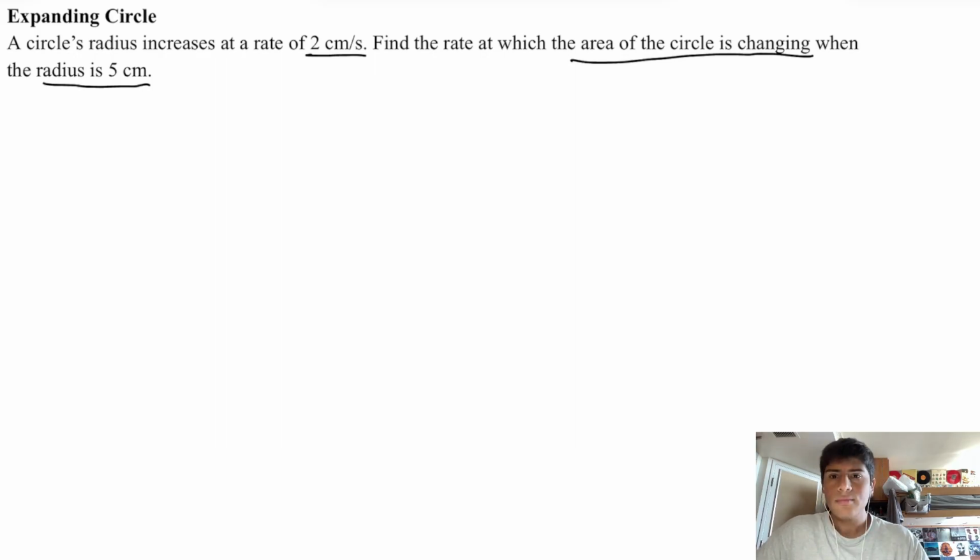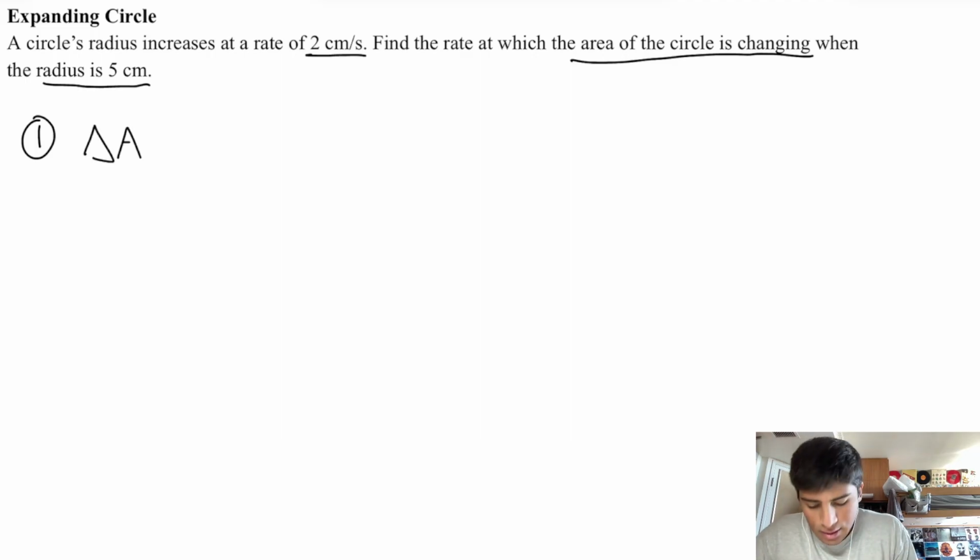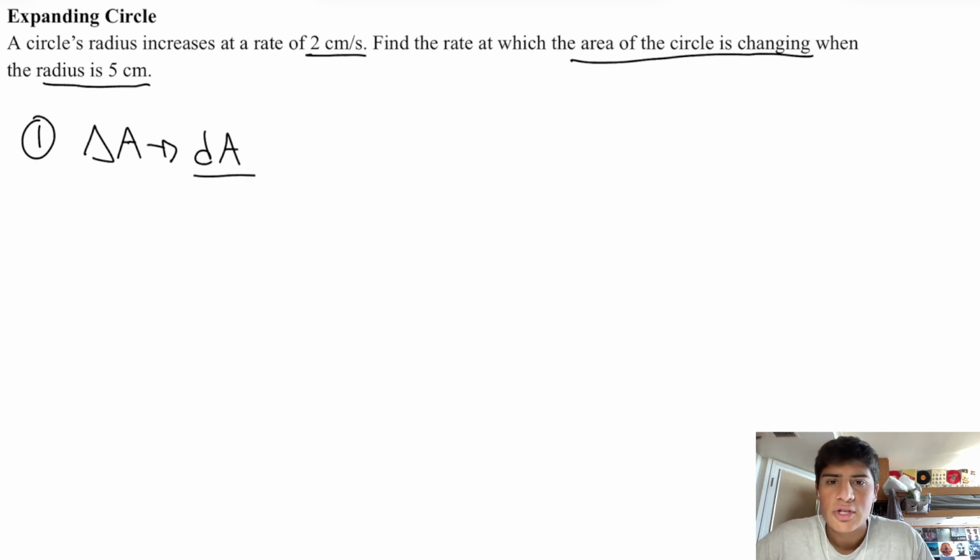Now the methodology that I use, the first step is going to be defining what we want to find. We want to find the rate at which the area of the circle is changing. So the change in area, we can call this dA, change in area, over the change in what?